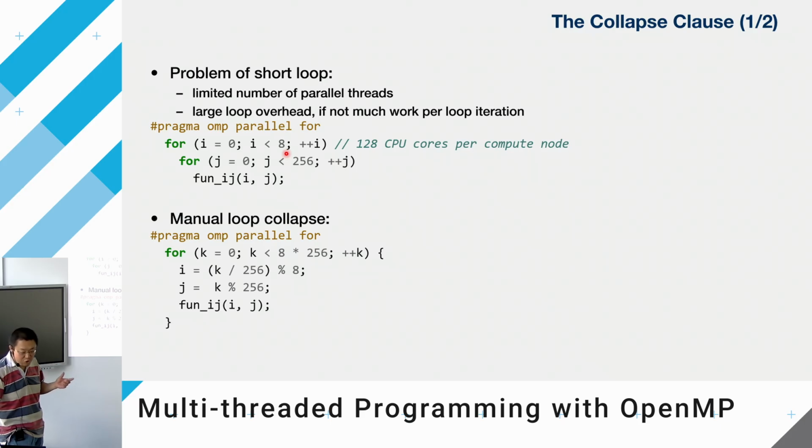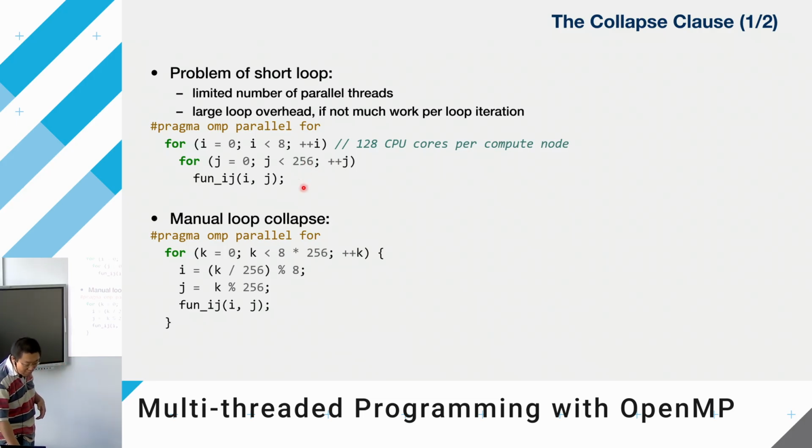Because the loop is too short. So how to do that? You need to make multiple short loops become a larger loop. A short loop cannot saturate 100 CPU cores, maybe in the future several hundred CPU cores. A solution is to combine multiple loops so that you are able to distribute the work to all the CPU cores.